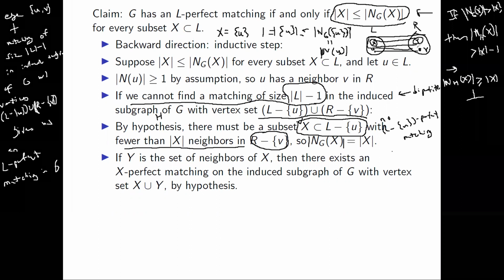We can use our inductive hypothesis on that induced subgraph. For all of the subsets of the left side, the X side, these inequalities are true: the size of the subset is less than or equal to the size of its neighborhood, because we've included all the neighbors in our induced subgraph. All the neighbors of X are in Y, so we still have this inequality true up here.